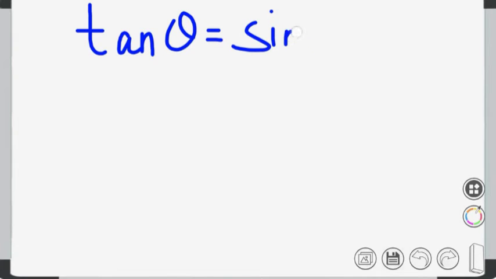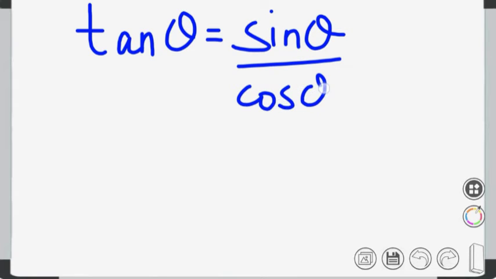You can calculate tangent theta by using another formula as well. That is, if you know the value of sine theta and cos theta, you could calculate tangent theta by the following formula. Tangent theta is equals to sine theta over cos theta.